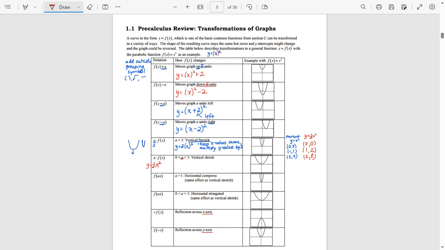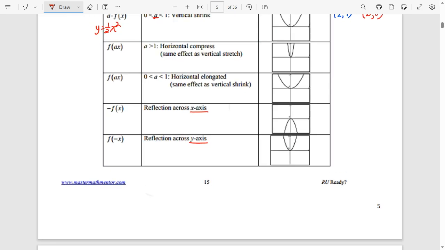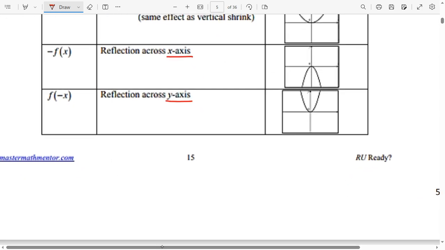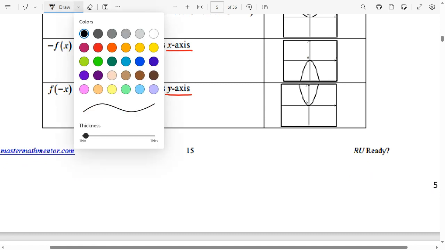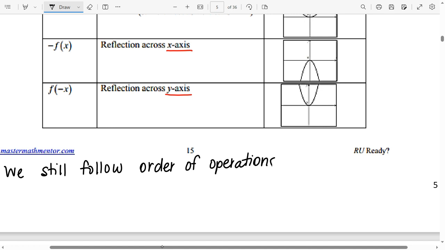Now, one thing you need to remember is that just like we follow order of operations to do math, we still follow order of operations for our transformations.